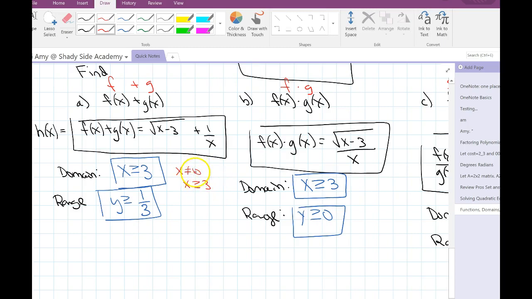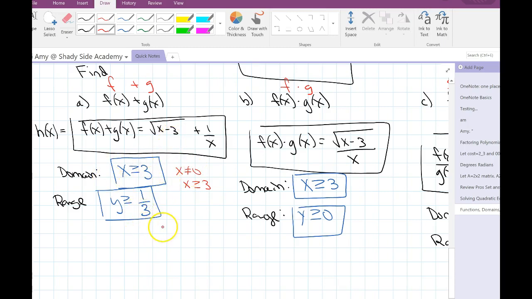X has to obey both of these conditions: x never equals 0, and x has to be bigger than or equal to 3. One of these conditions includes the other. In other words, if x must be greater than or equal to 3, then x won't equal 0 anyway. So this is the domain.